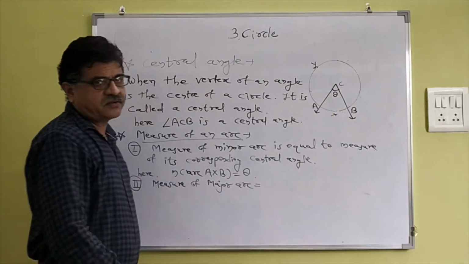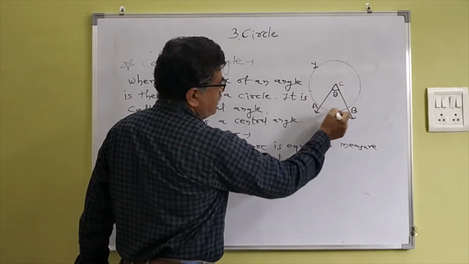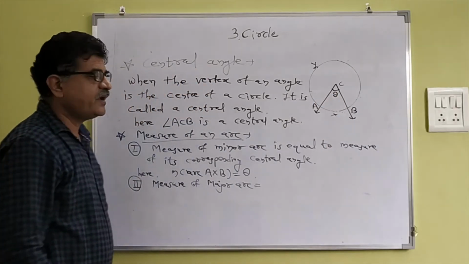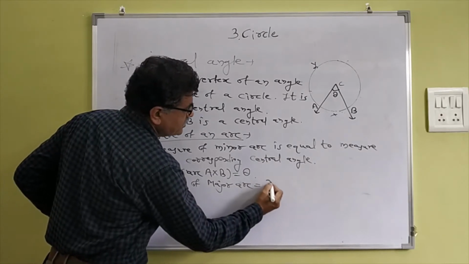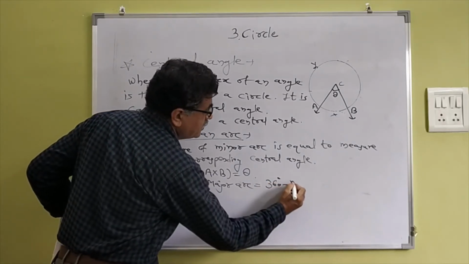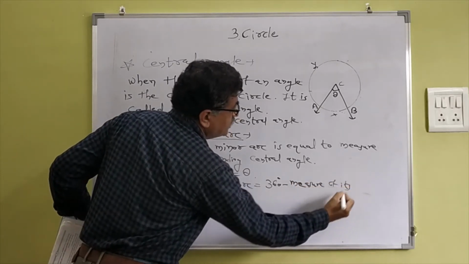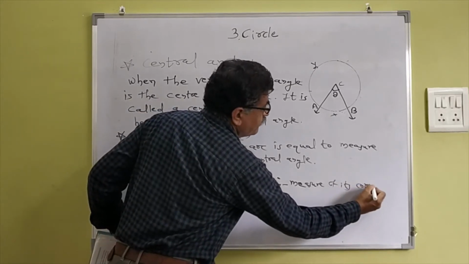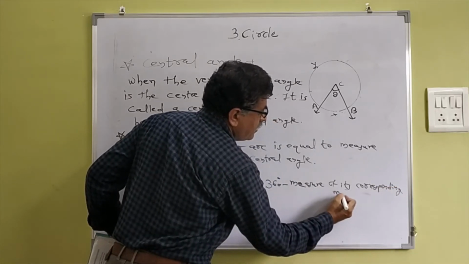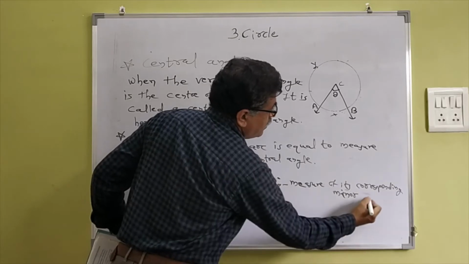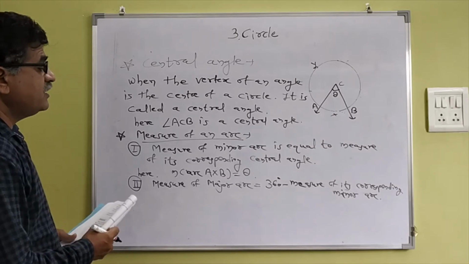The measure of a major arc is 360 minus the measure of its corresponding minor arc.